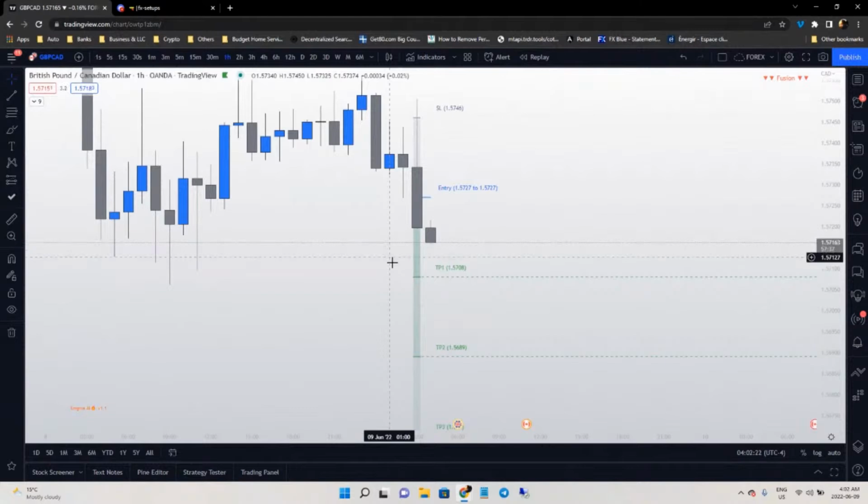Let's read a perfect setup here. Perfect. So if you are a free member right now, I'm giving you a free setup here as a bonus.